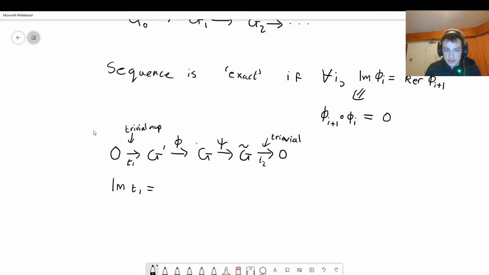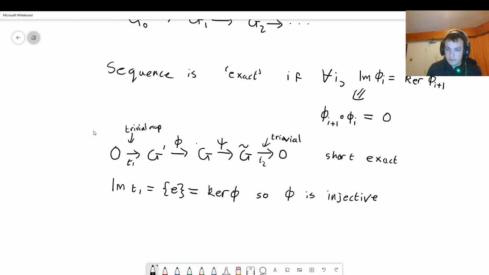T1 is equal to the identity, which must then be equal to the kernel of phi. So phi is injective for a short exact sequence.